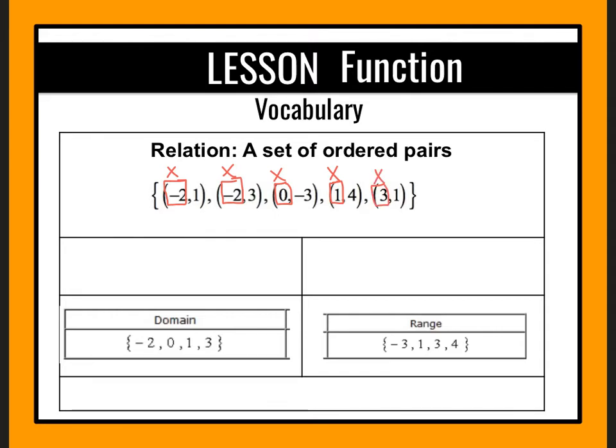Your domain, once again, and I'm going to write it, what is my domain? You'll hear me say this word over and over. Your domain consists of the set of all your x or input values.